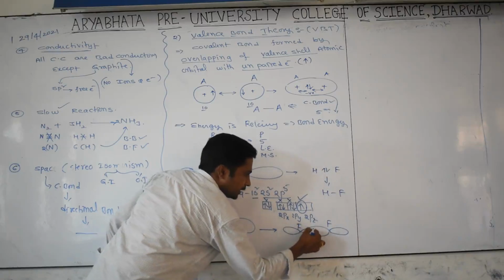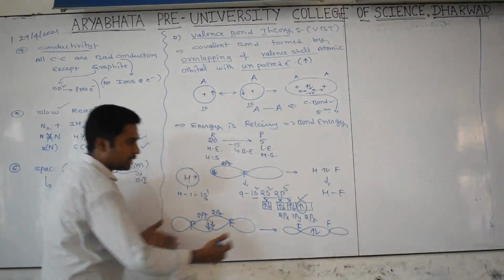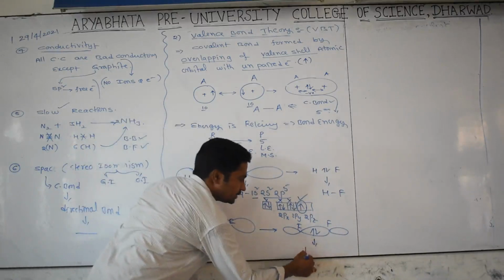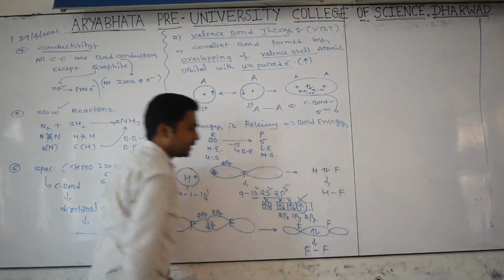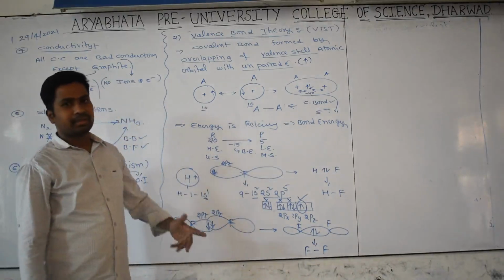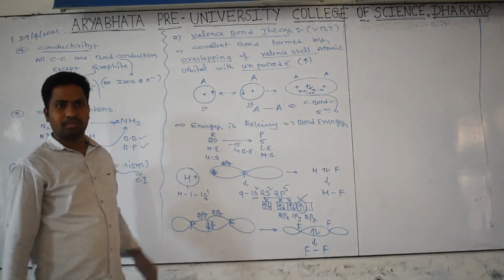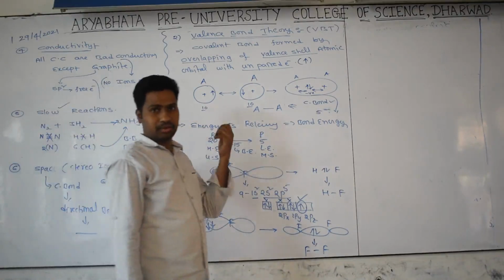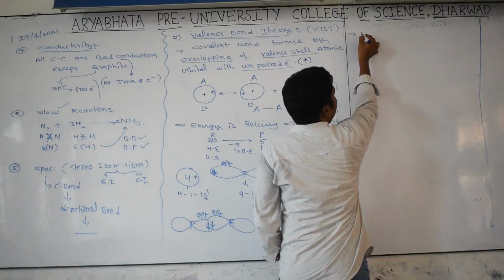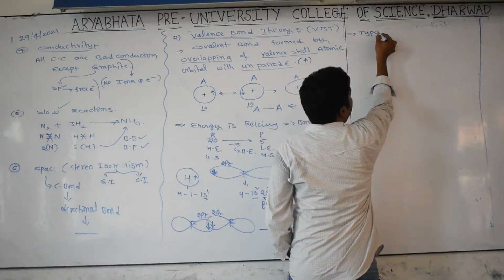Fluorine, fluorine, with a pair here. So between the fluorine atoms, how many pairs? One pair. That's why it is shown with a single bond. Fluorine and fluorine are connected by a single bond. Like that, we explain how a covalent bond forms between atoms through overlapping of valence shell orbitals with single electrons. Now, based on this concept, we have types of overlapping.